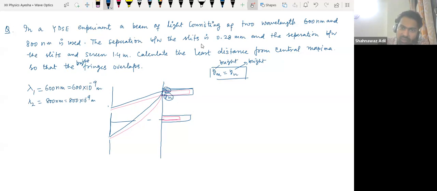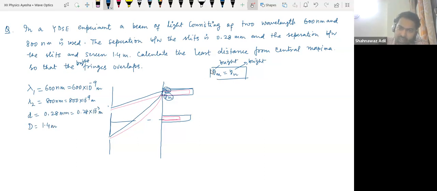The separation between the slits, d, is given, which is 0.28 millimeters, which is 0.28 into 10 to the minus 3 meters. And D is also given, 1.4 meters.